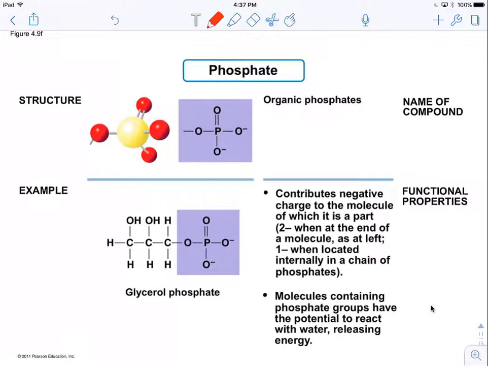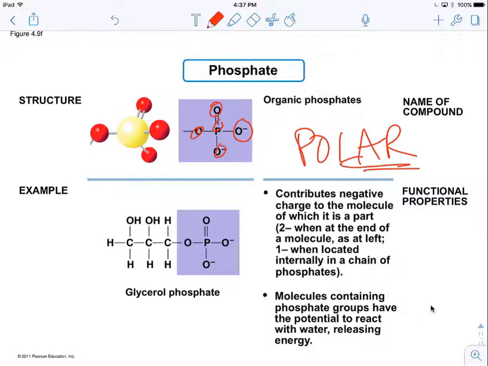Next, phosphate. Again, phosphate, look at all this. Oxygen, oxygen, oxygen, oxygen, phosphorus. Polar like nobody's business. I'm going to write it in all caps because it's so polar. Okay, so we'll definitely be hydrophilic, and we'll make anything that it's bound to extremely polar.